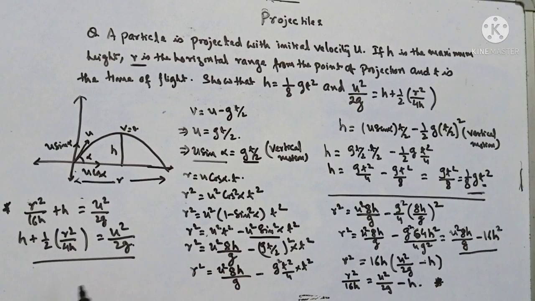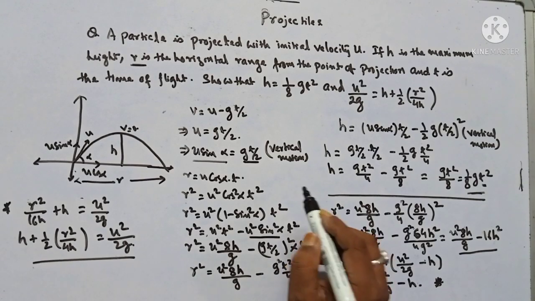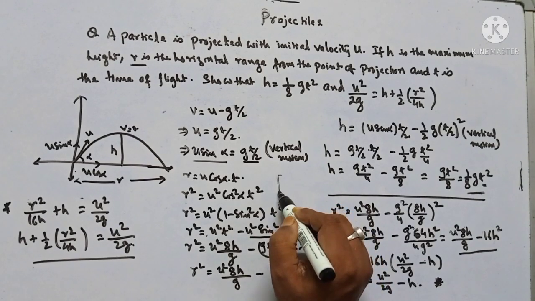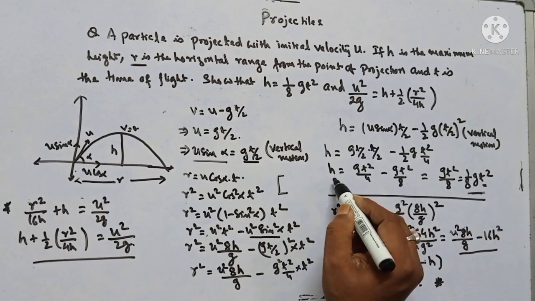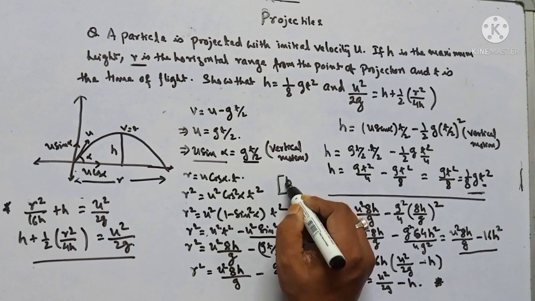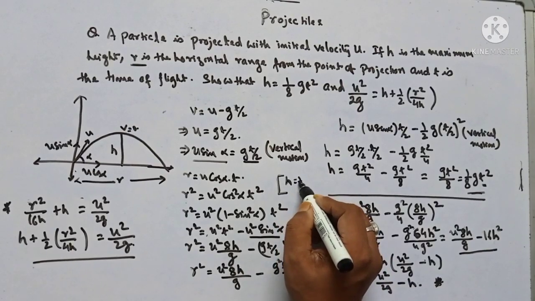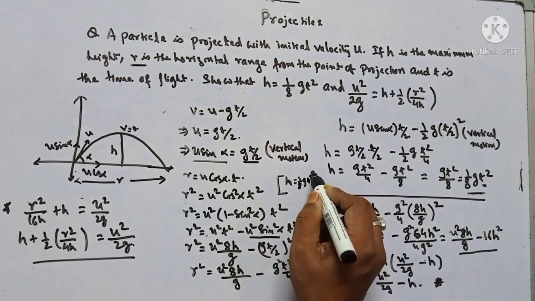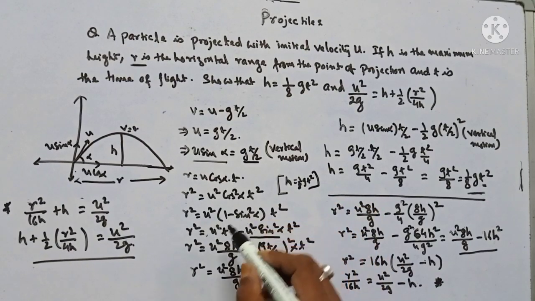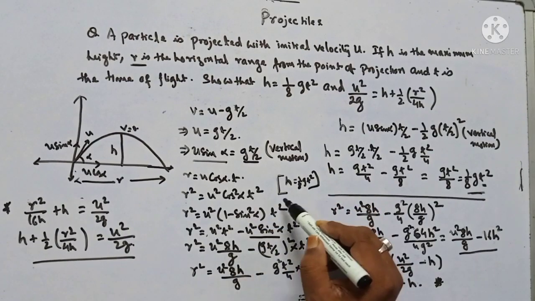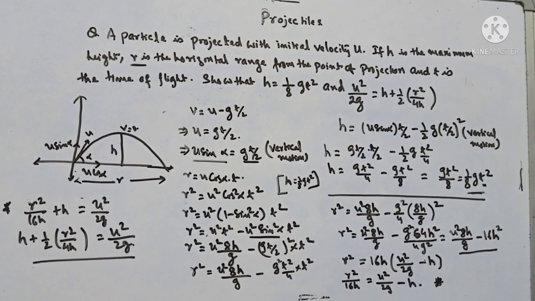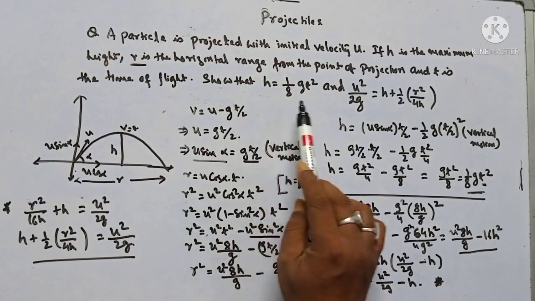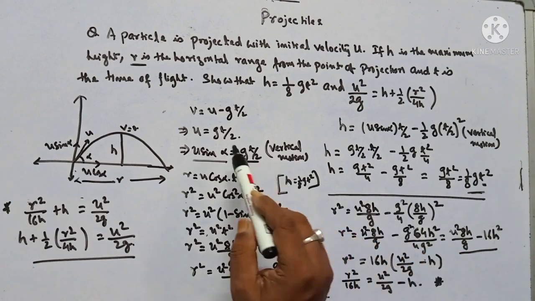So let me write here in the bracket, we got this from this part, h is equal to 1 by 8 gt square. From here I got the value of t square. So this is all about it, and both have been proved here.